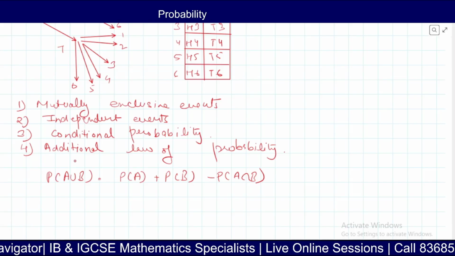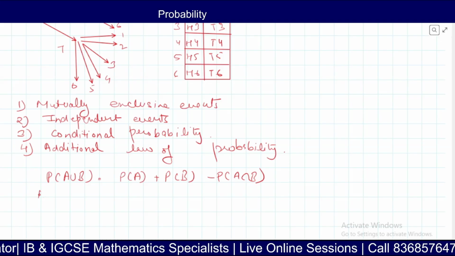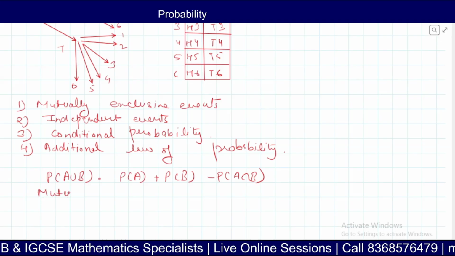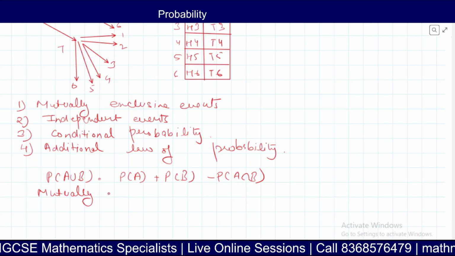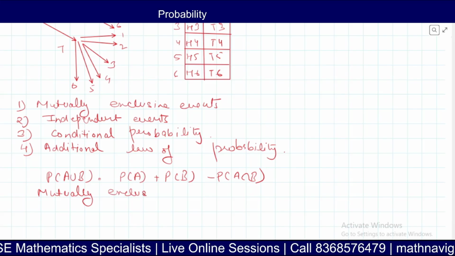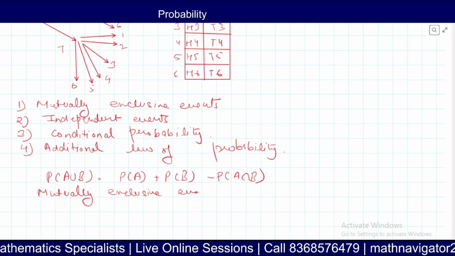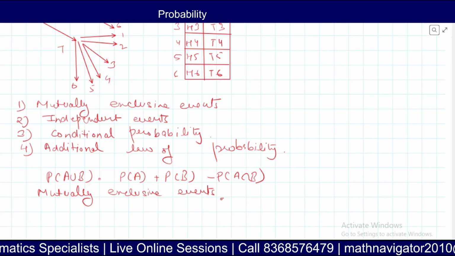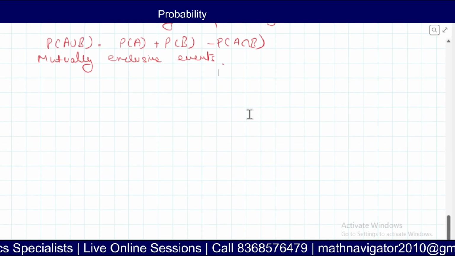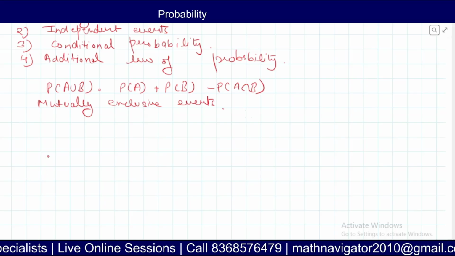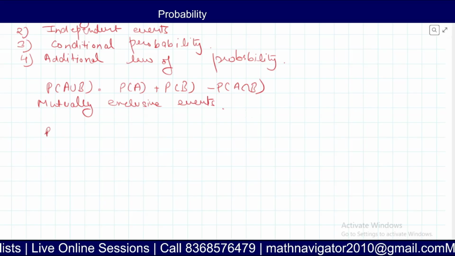Then we talk about, I'll explain with an example, what are mutually exclusive events. So what are mutually exclusive events? Let's say I'm rolling a dice.